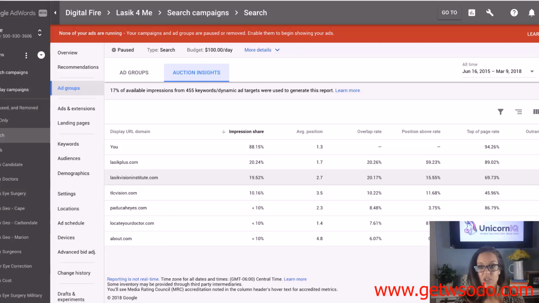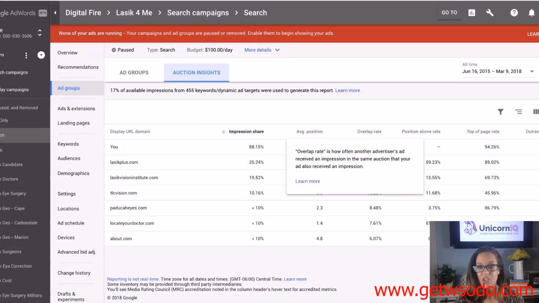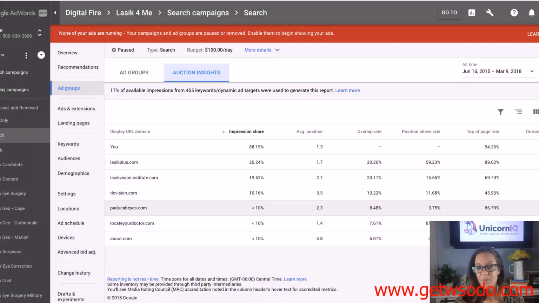If you hover over these, there's an explanation. This one says overlap rate is how often another advertiser's ad receives an impression in the same auction that yours did. So it's basically the same thing as what I just said. It's showing up at the exact same time on the screen, and this is how often that's happening.